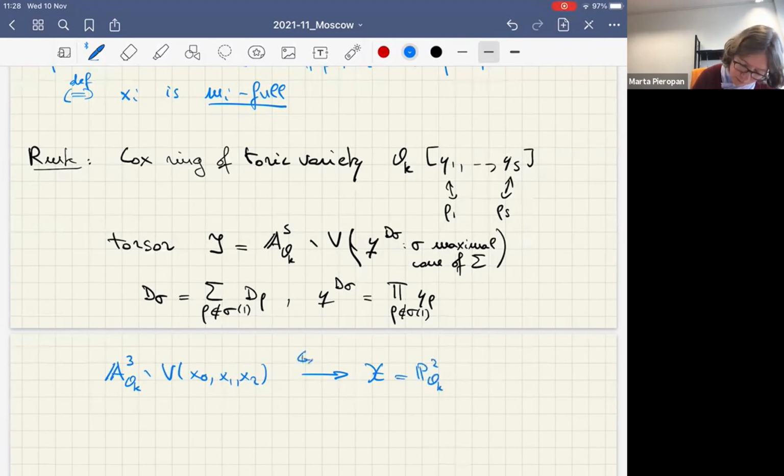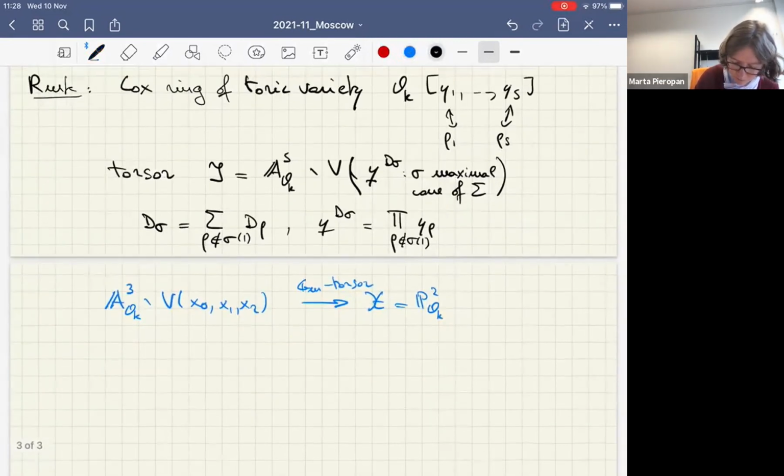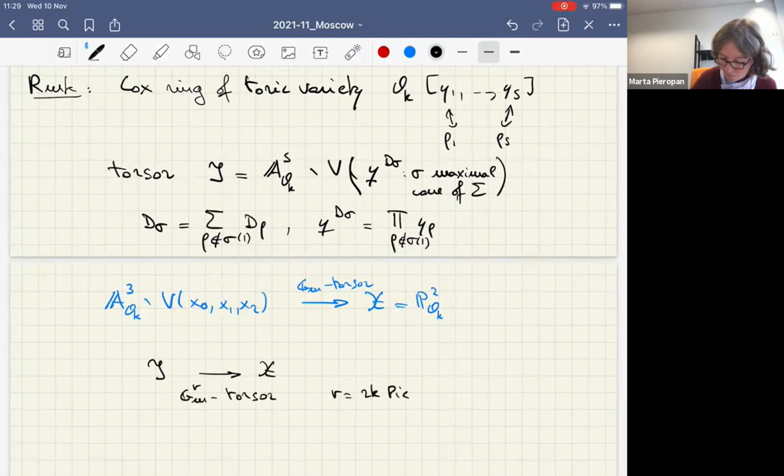And this is a G_m torsor. And in the general case, we have a map from Y to the toric variety, which is a G_m to the R torsor, where R is the rank of the Picard group of the toric variety. So I call this torsor morphism pi.